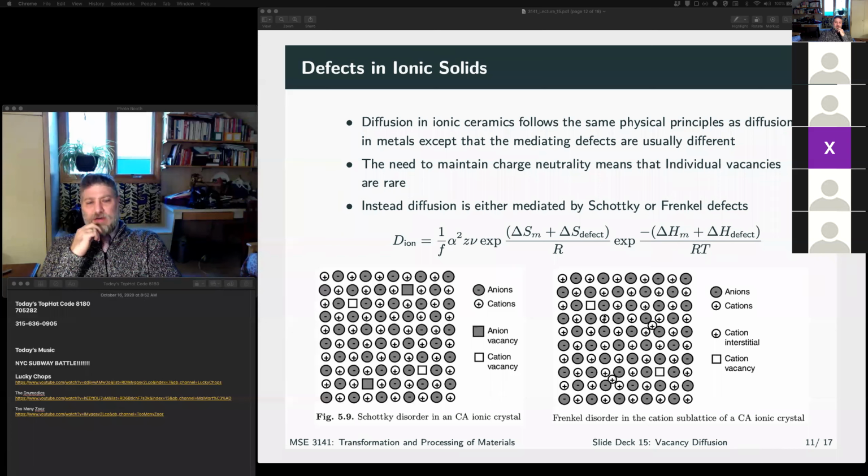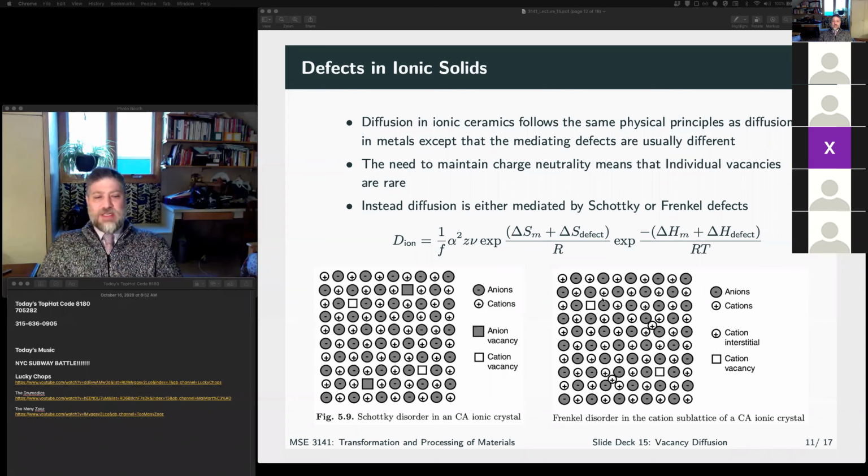So what about I have another defect here. These are Frenkel defects, right? Has anyone come across these before? All right. So depending on the cation anion size, this ratio, right, and charge, you may not actually be able to form these anion vacancies very easily.